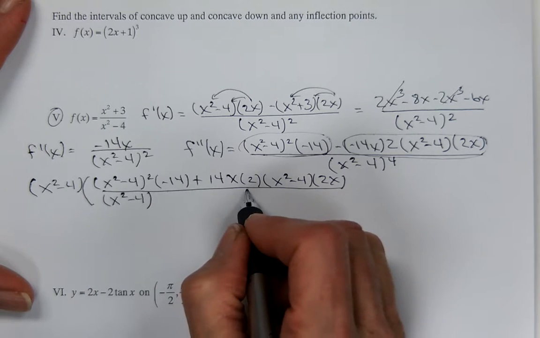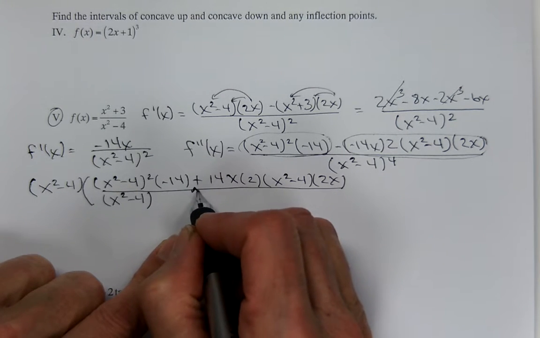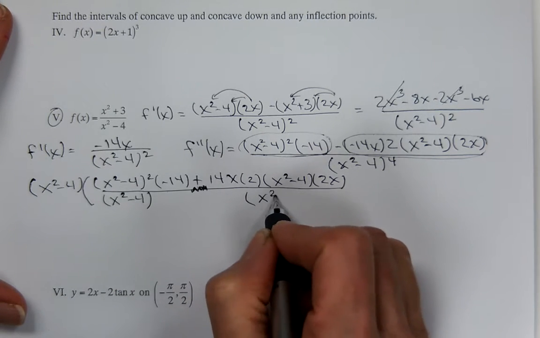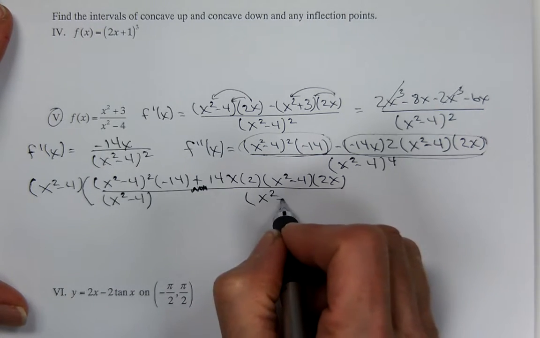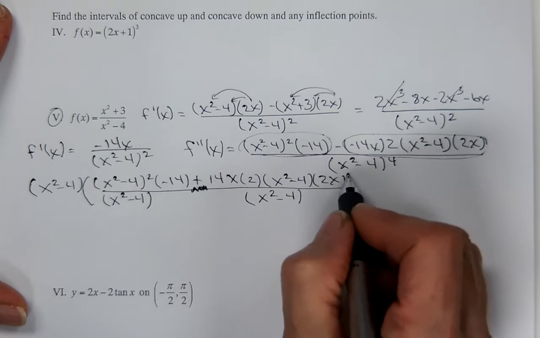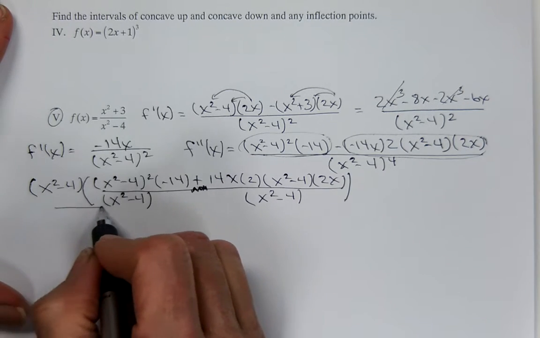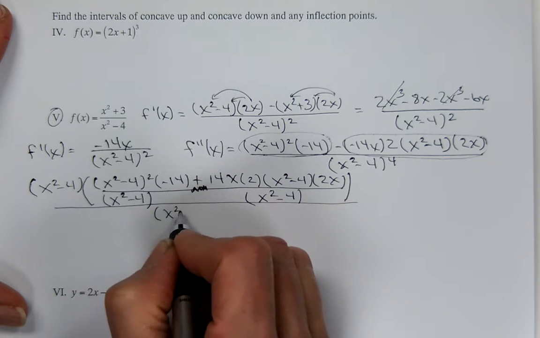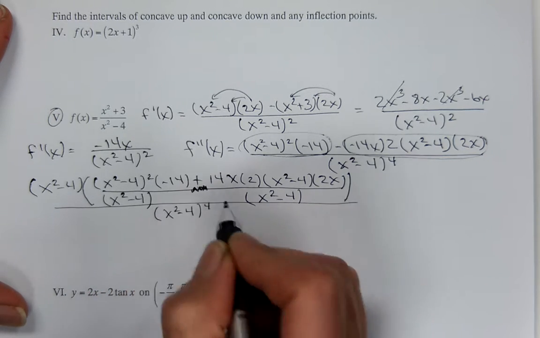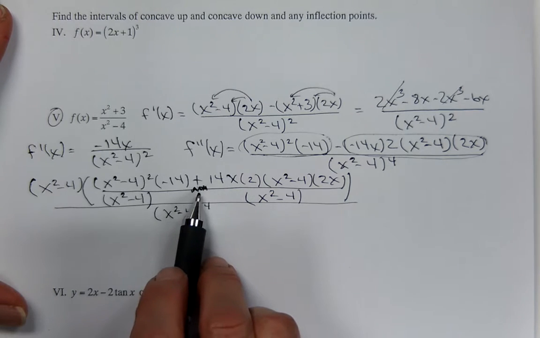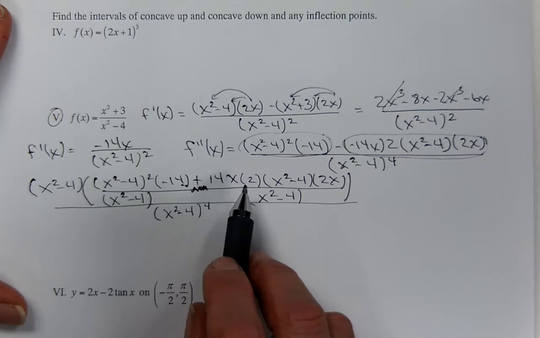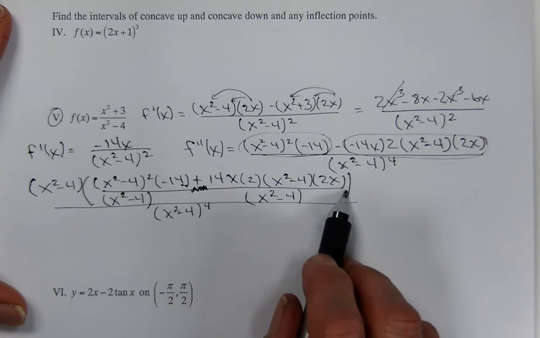And then we have, pretend this isn't here. I wish I could erase, but I can't. And then we're also dividing this second term by x squared minus 4. And close my parentheses, and then here's the whole denominator, which is x squared minus 4 to the fourth power. So again, I wish I could erase this, but this fraction bar is just here, and then it stops, and then there's a new fraction bar.